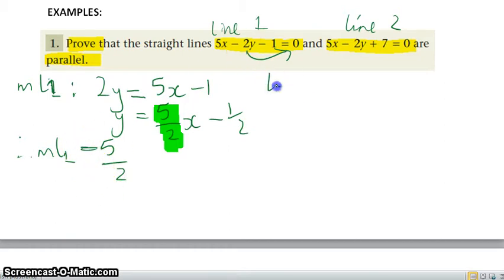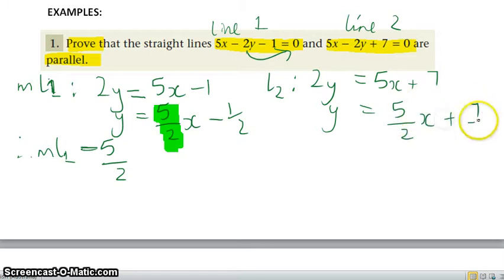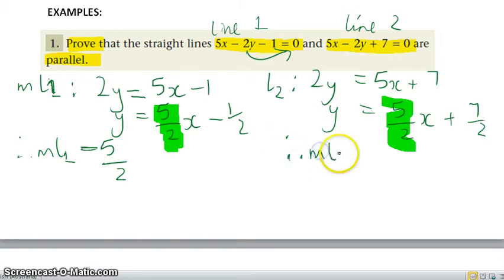How about line 2? I can rearrange this so it says 2y equals 5x plus 7, and to get it into y equals mx plus b, I have to divide everything by 2. There it is, the same gradient. Therefore, the gradient of L2 equals 5 over 2, which equals the gradient of L1.